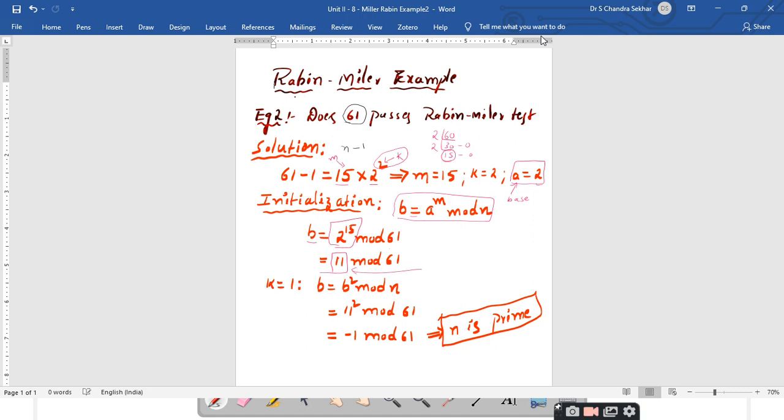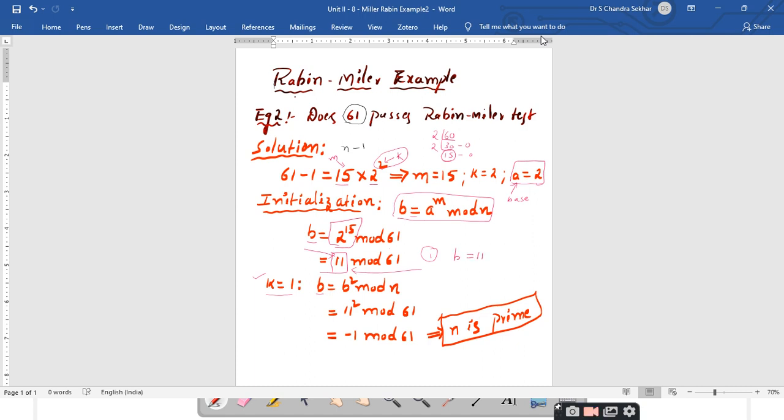But according to the Rabin-Miller test, in order to declare that n is a prime number, the resultant remainder should be 1, but here I got 11. So I am not going to leave it here; I am going to enter into the loop. I take k equal to 1 and calculate b equal to b square mod n, where b is the newly calculated value.